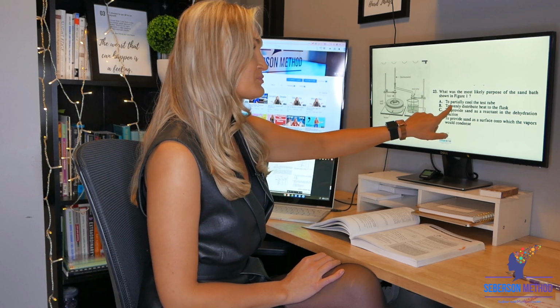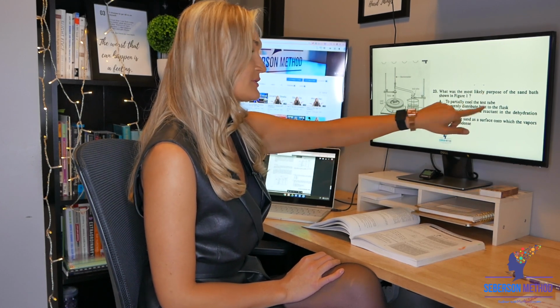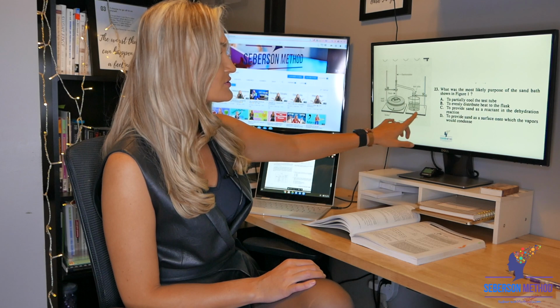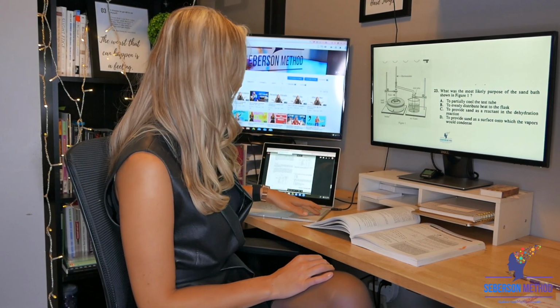Answer choice A is to partially cool the test tube. Yes, an ice bath's job is to partially cool the test tube, but answer choice A would be incorrect because it would not answer the question, because question 23 is asking you about the job of the sand bath, and the job is to evenly distribute the heat to the flask.